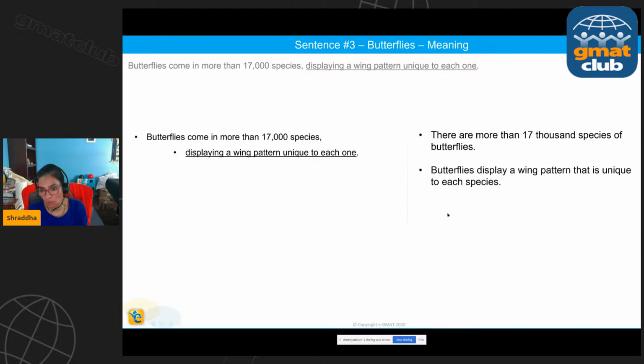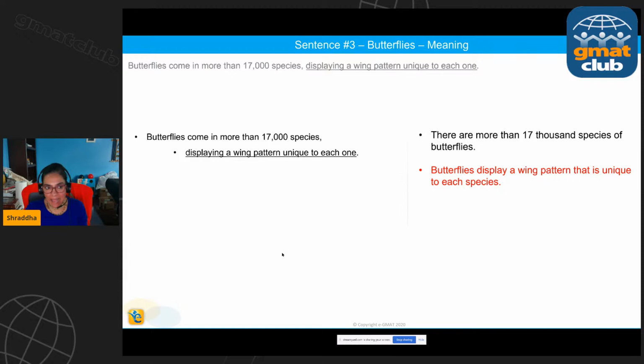So we know that the usage of the comma plus verb ing modifier is absolutely incorrect, because the meaning that we are getting here is definitely incorrect. So, what could be the meaning over here?